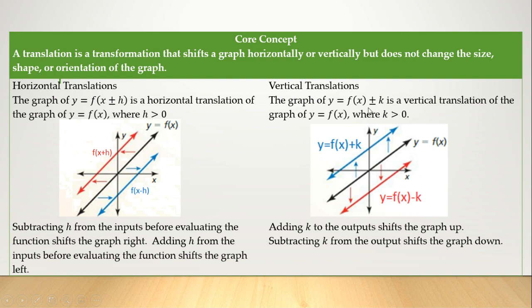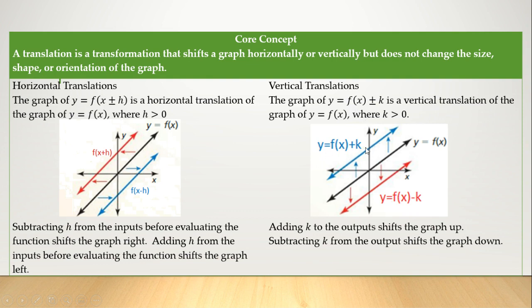The difference is where this new number is occurring. In here, we were adding or subtracting it from the input. In other words, it was happening inside these parentheses. Whereas for the vertical, we're adding or subtracting just to the output. We're adding or subtracting it to the whole function.